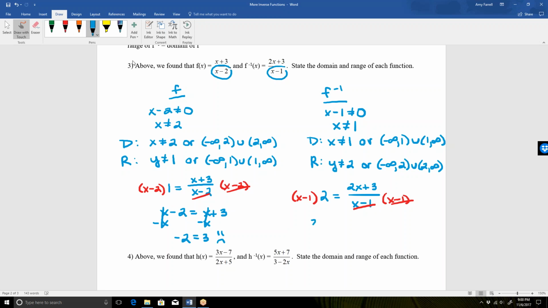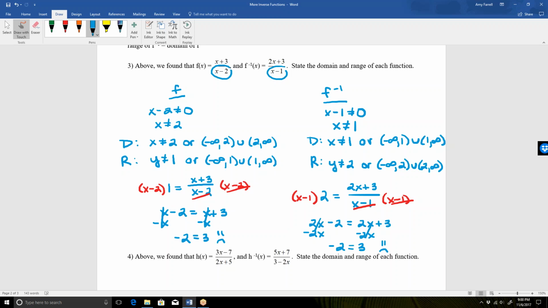So I'm going to distribute: 2x minus 2 is equal to 2x plus 3. And maybe I'll subtract 2x from both sides. And once again, I'm left with negative 2 equals 3, which is not true. So now you can see why 2 is removed from the range of the inverse function.